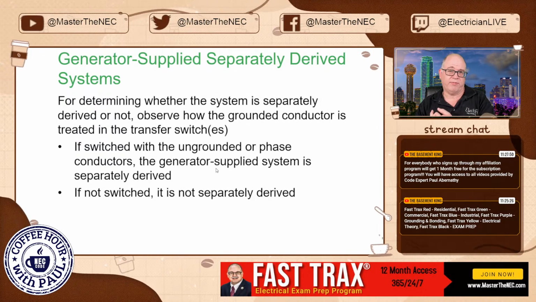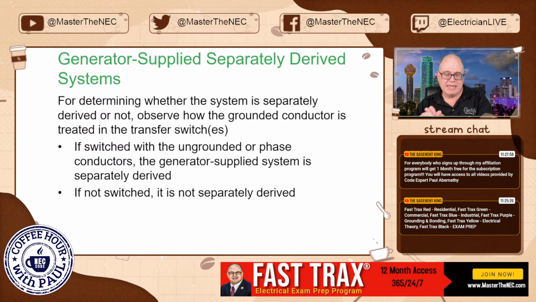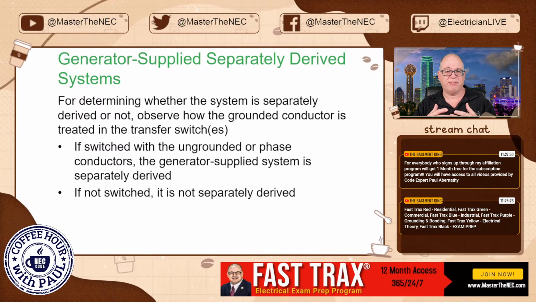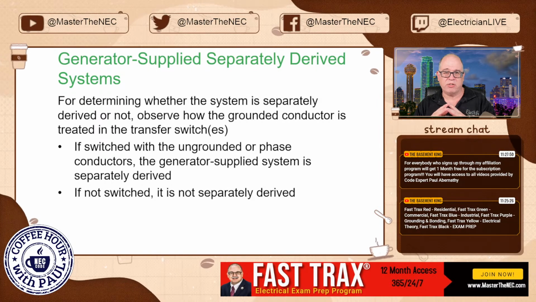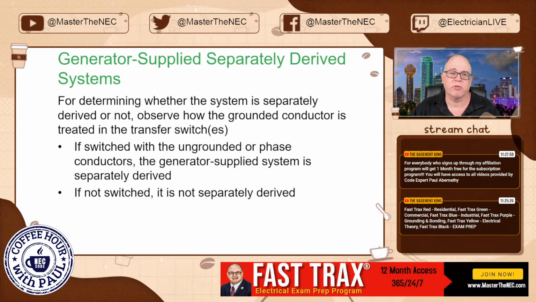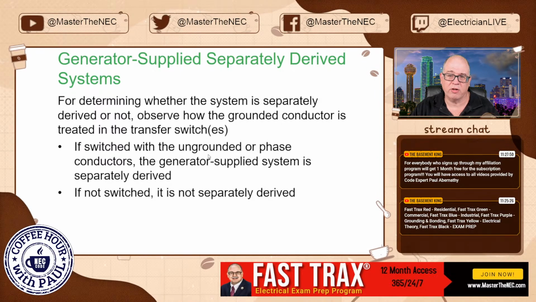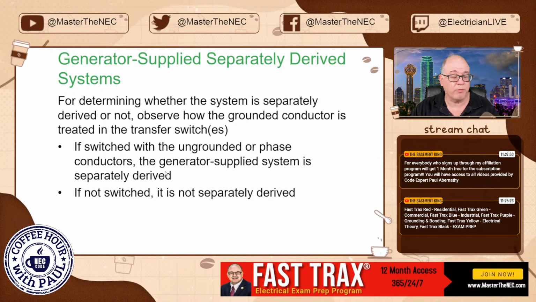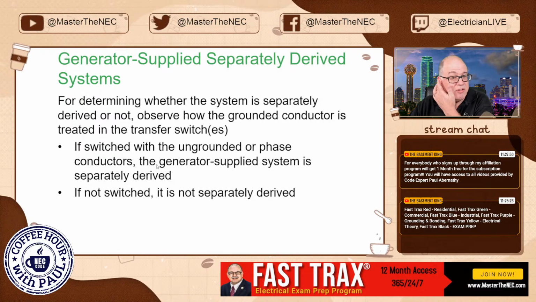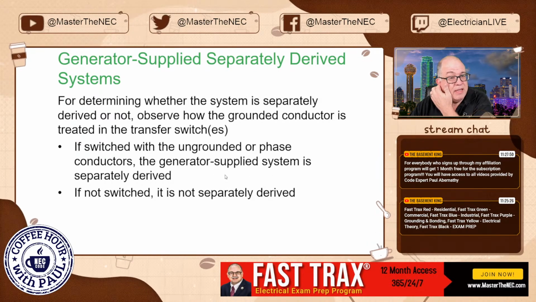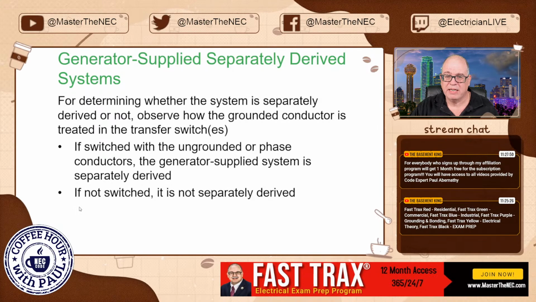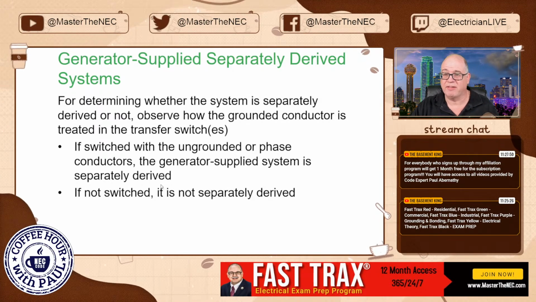When you're dealing with generators, look at the transfer switch, right? If it switches the grounded and ungrounded phase conductors, then the generator supplied system is considered separately derived. If it's not switched, then it is not separately derived.